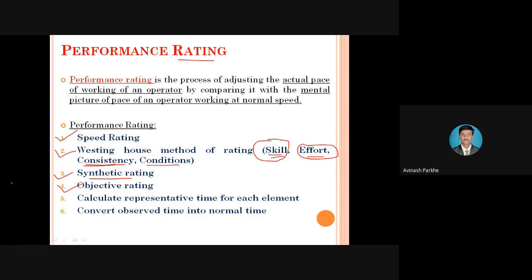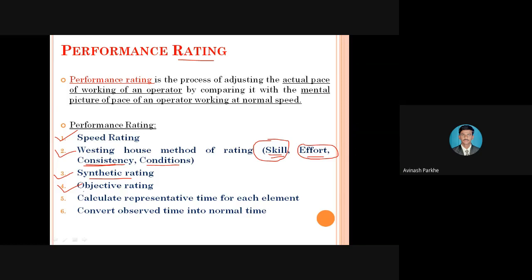So whatever the object related difficulties are there, we are eliminating, and you are completing your task in the given period of time. And at the end of this method, again you can check the performance of that particular operator by considering all the types of job difficulties, and accordingly you will give the rating to that operator.